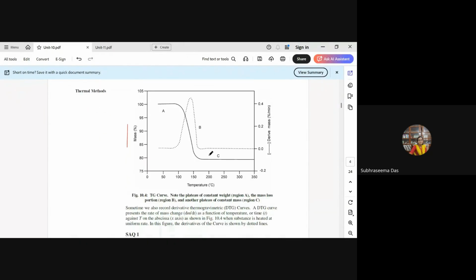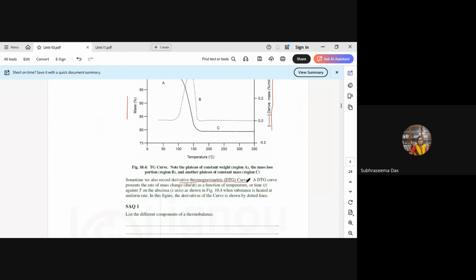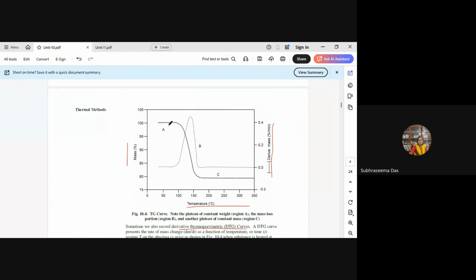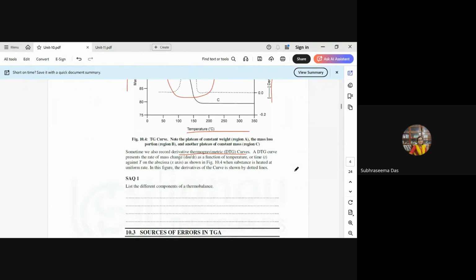In some cases, we can also plot the first derivative of the mass loss, which is called a DTG plot, the derivative thermogravimetric curve. So what does this DTG curve represent? It is the first derivative of the curve of mass loss versus temperature or time. In figure 10.4, the bold line represents the TGA curve, and the dotted line represents the DTG curve.